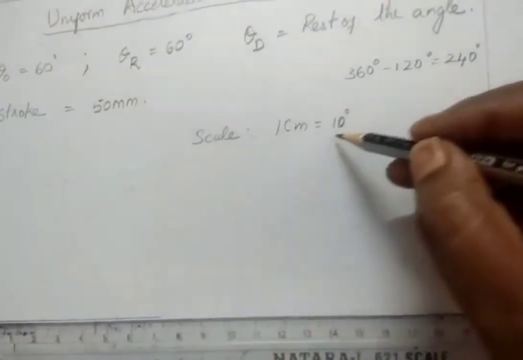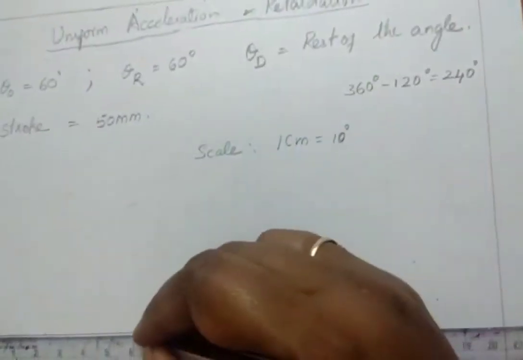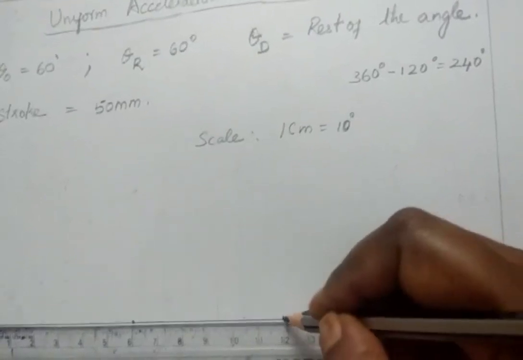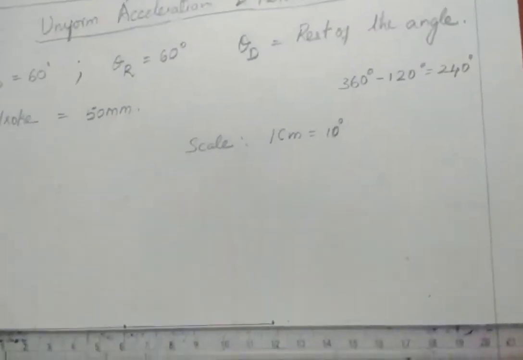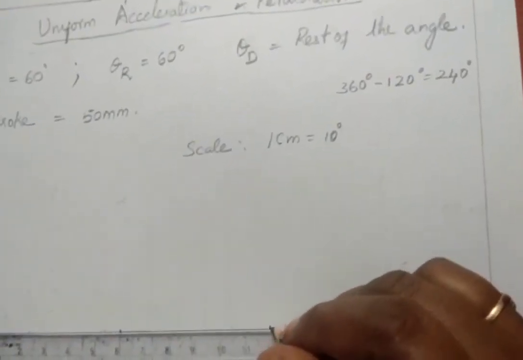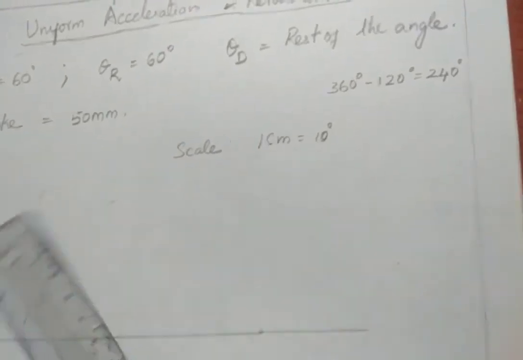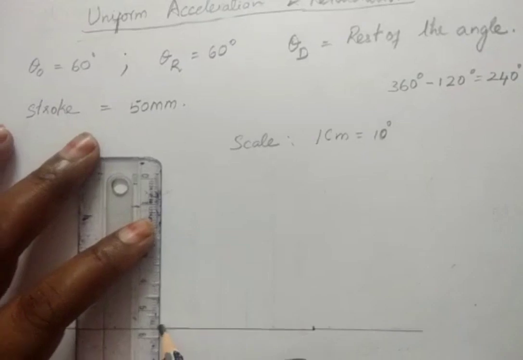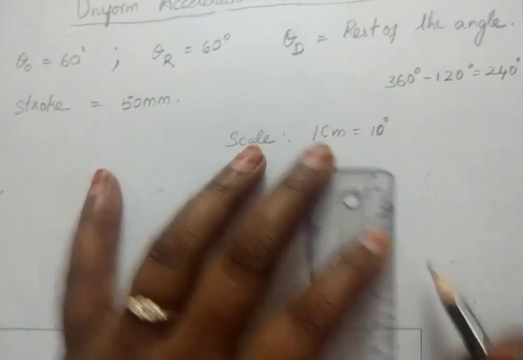So I take theta O as 6 centimeters, continuous with that again 6 centimeters for theta R, and later I give the dwell simply. I extend some length and give a breaking line, so horizontally in the x direction I have theta O and theta R continuously, the return stroke and the dwell.